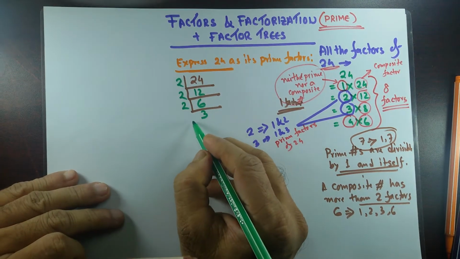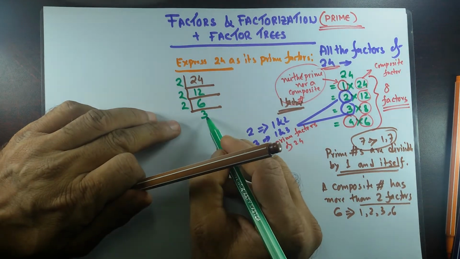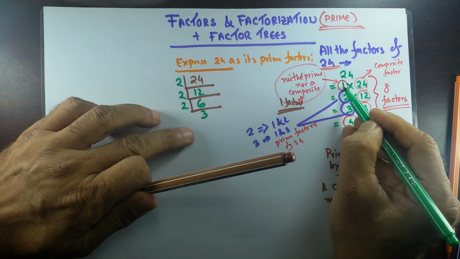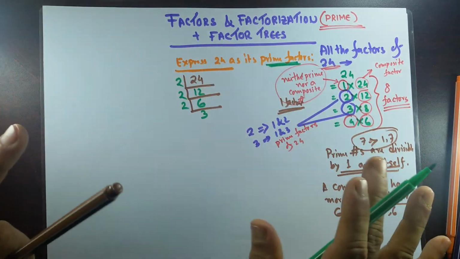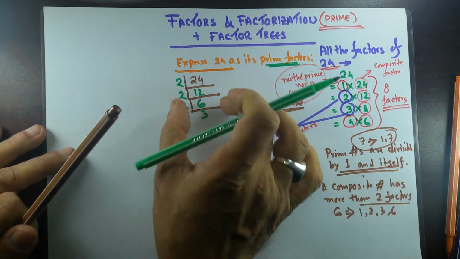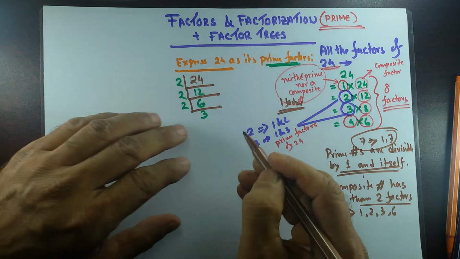Now of course I can try to divide by 3, and 3 1s are 3. But 1 is not a prime factor, and I have to find prime factors here. So you can stop over here. If you want to do more steps, that's a waste of time, and you tend to make mistakes.